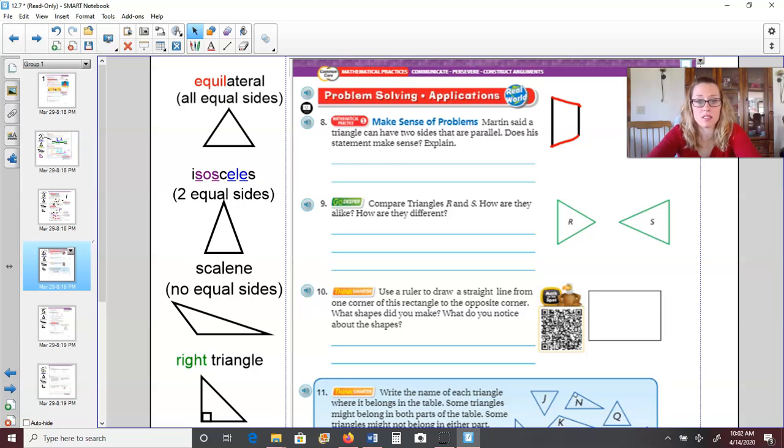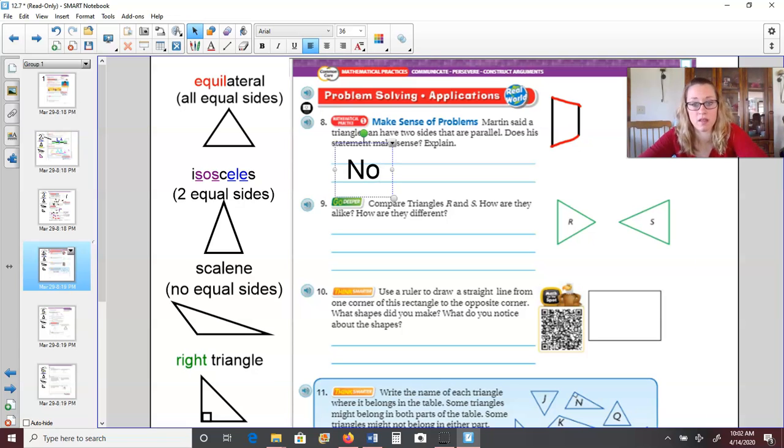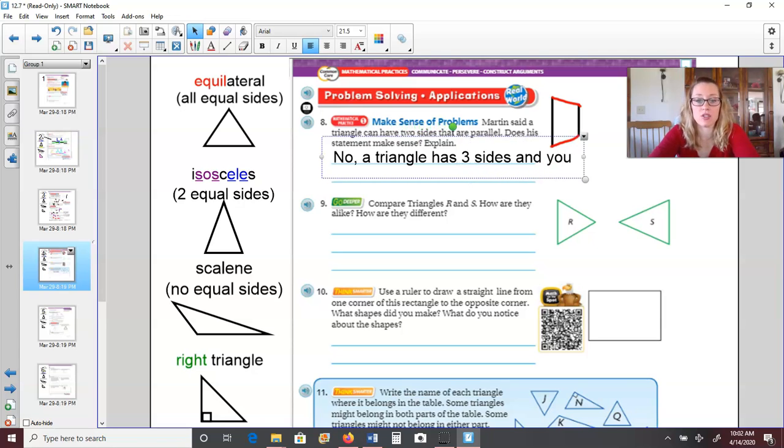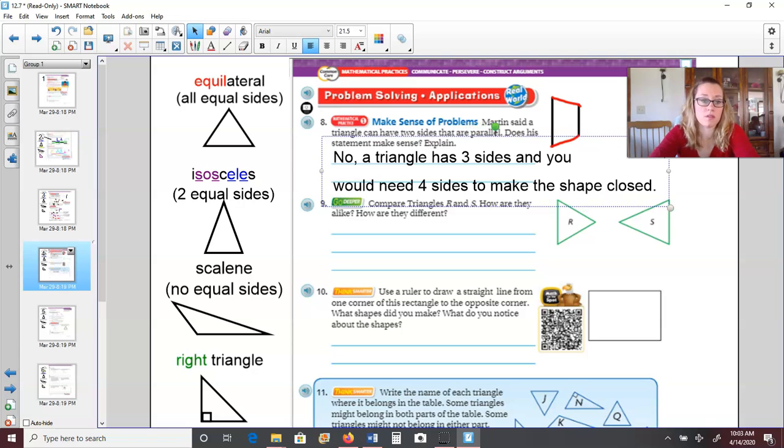Okay, does this make sense? No. Short answer, no. But of course, we always have to explain why this doesn't make sense. Okay, so a triangle has 3 sides, and you would need 4 sides to make the shape closed.